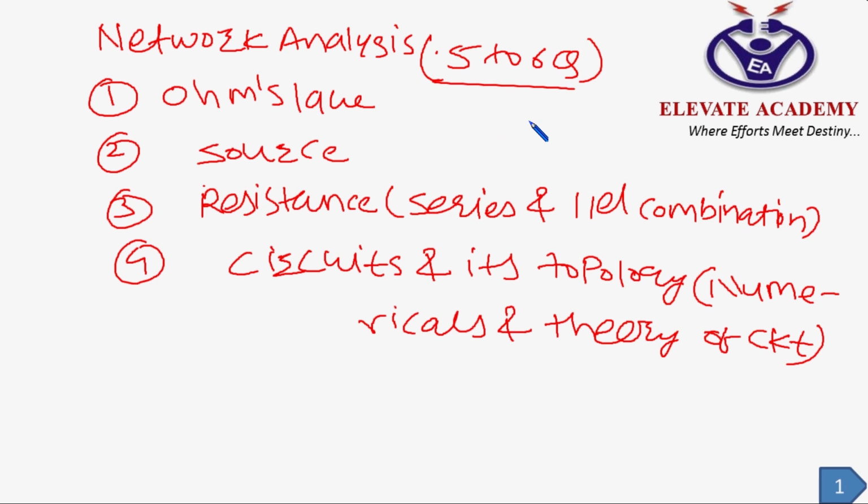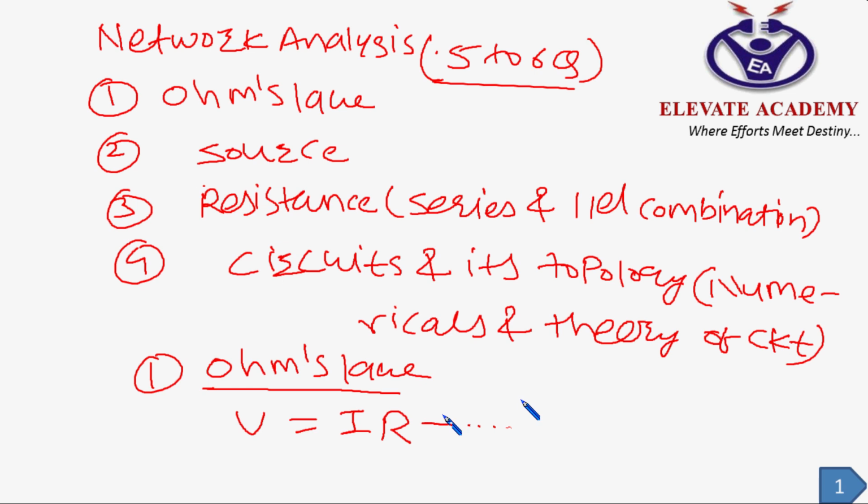Now see the first part, Ohm's law. We all know what is Ohm's law? V is equal to I into R. Very simple. But all network theories depend on this simple law. A simple question may come in the JEE junior engineer exams.